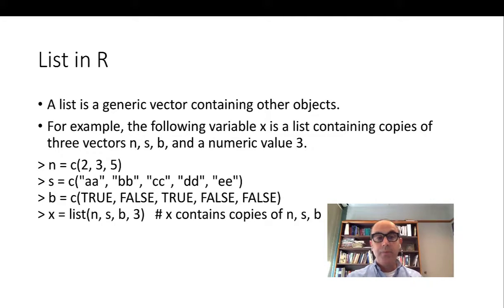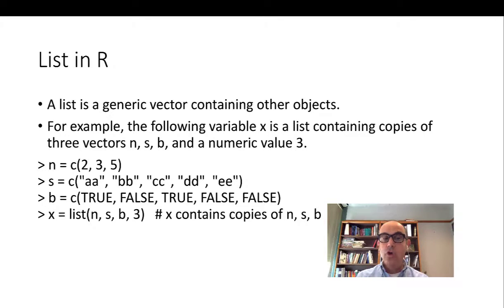A list in R. A list is a generic vector containing other objects. For example, the following variable x is a list containing copies of 3 vectors, n, s, and b, and the numeric value of 3. So in this case, we have n, which is the numerical values 2, 3, and 5. We have s, which is AA, BB, and so on.